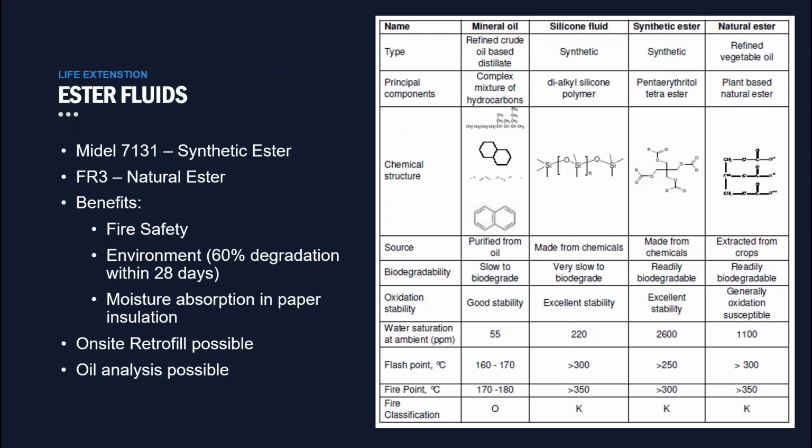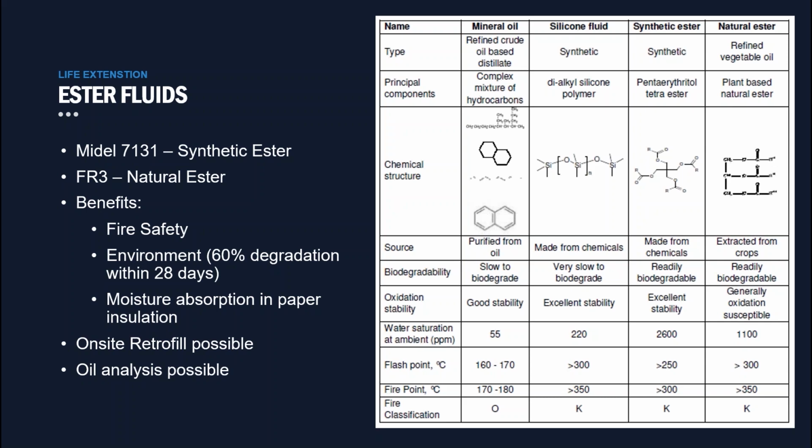And so, we like these fluids because they have higher fire and flash points than typically mineral oil does, and this is good for fire safety. And there's not been any reported transformer fires of assets containing these K-class fluids. They're readily biodegradable, which means if there's a spill, 60% of the fluid will degrade within 28 days.